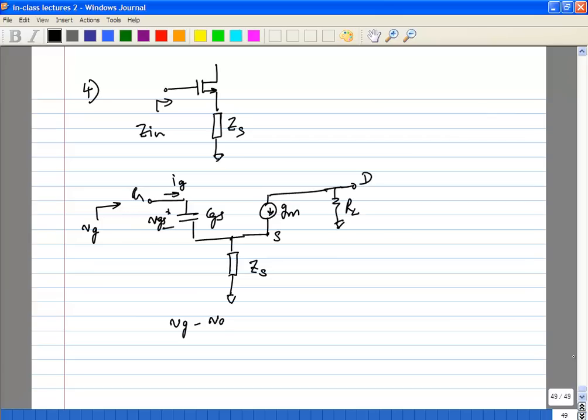It's nothing but Vg minus Vgs over Zs. That's the current flowing through here. Equals gm Vgs plus Ig. That is one equation we'll write.